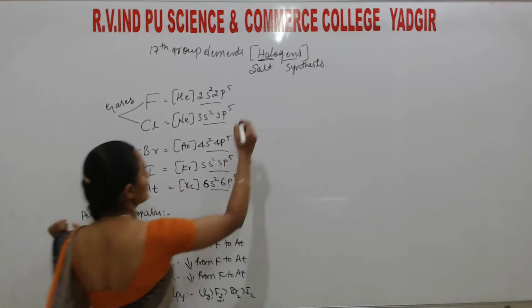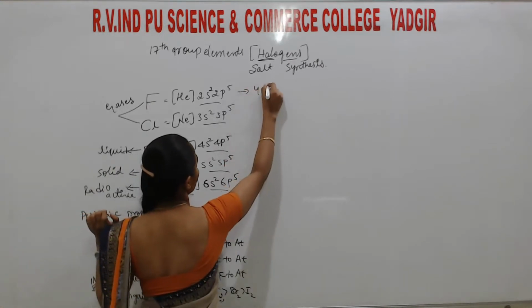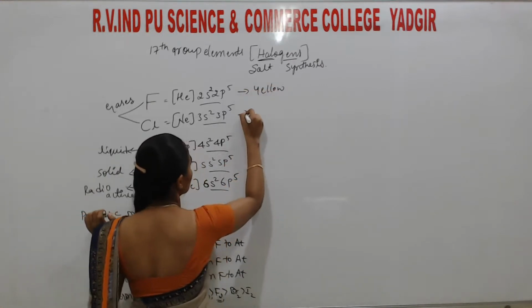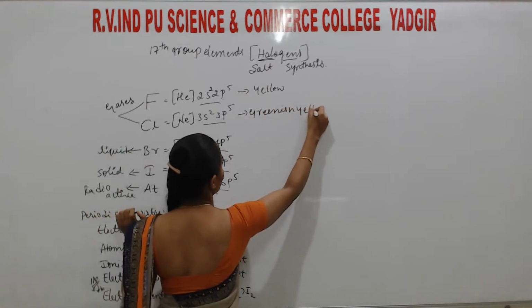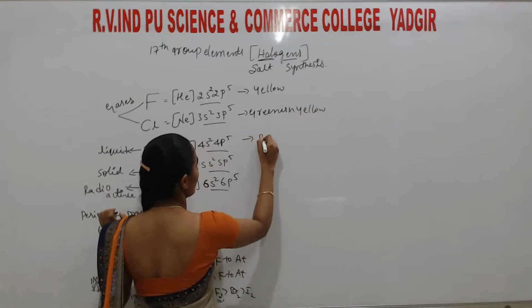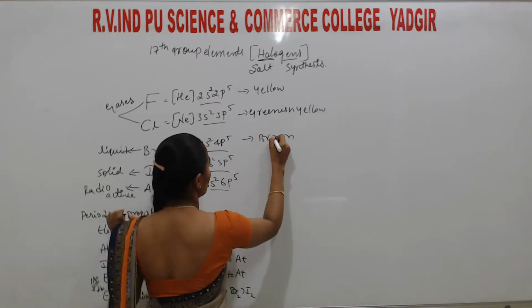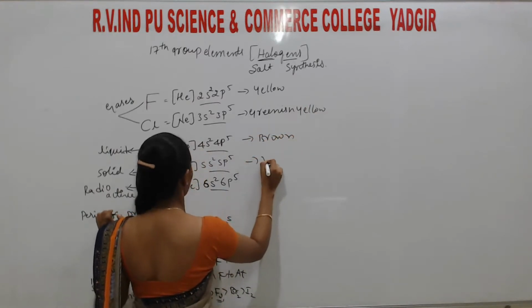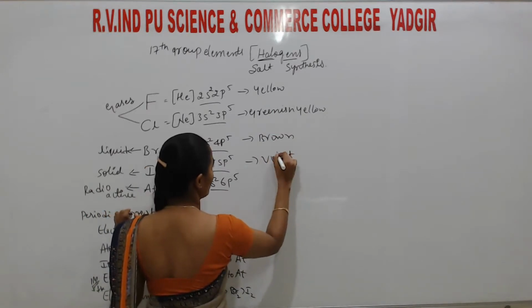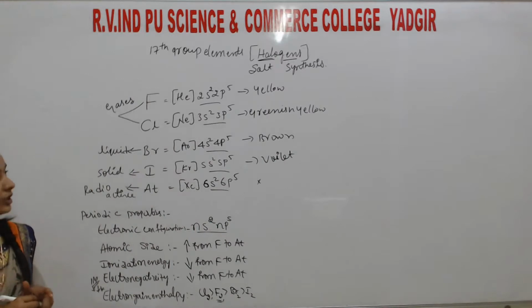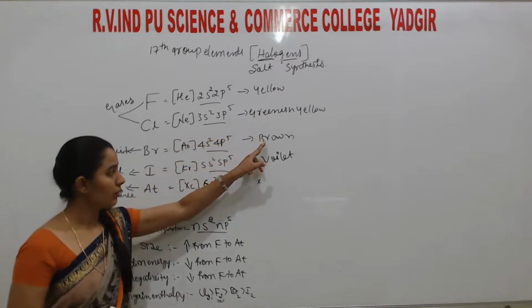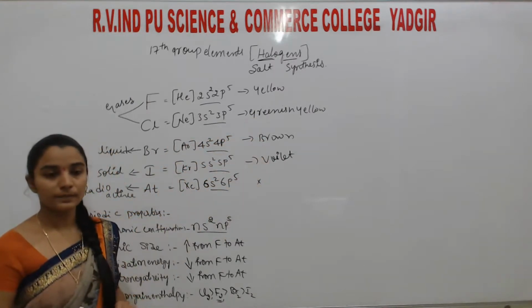Students, this one is yellow in color, this is greenish yellow, this is brown, and this one is violet. This last one doesn't have any color.